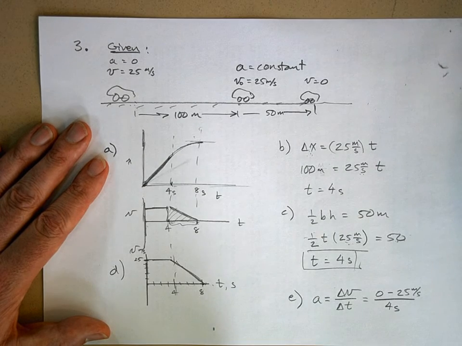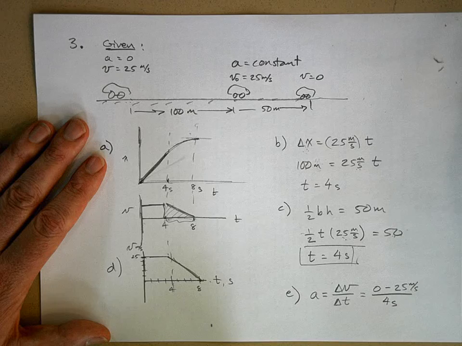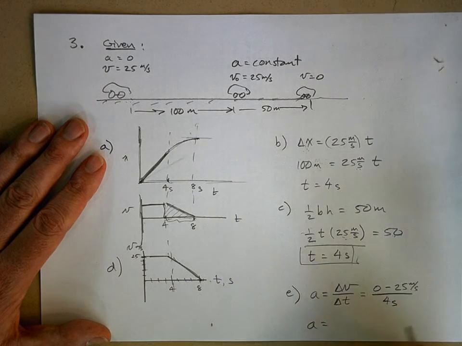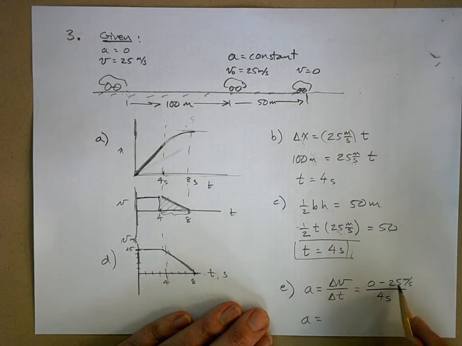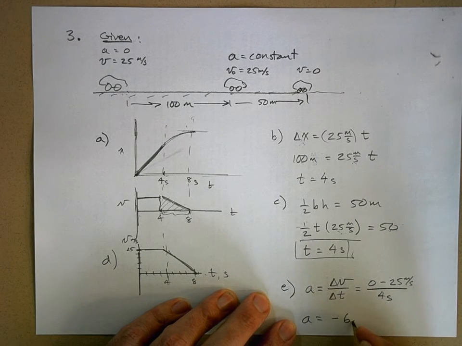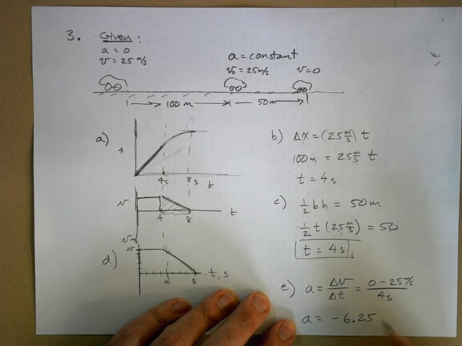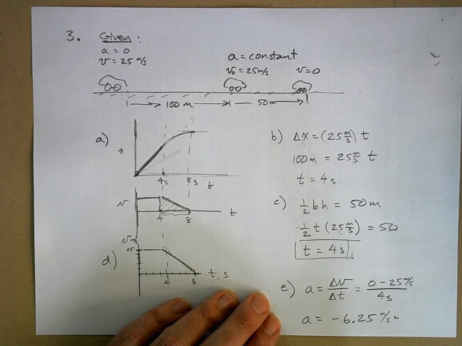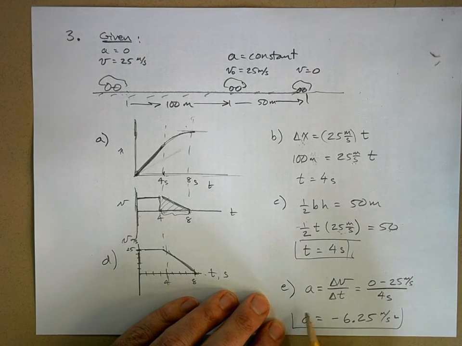It took 4 seconds to brake, yes? So A is going to be equal to negative 25 divided by 4. That's going to be negative 6.25 meters per second squared. And that's my answer for that.